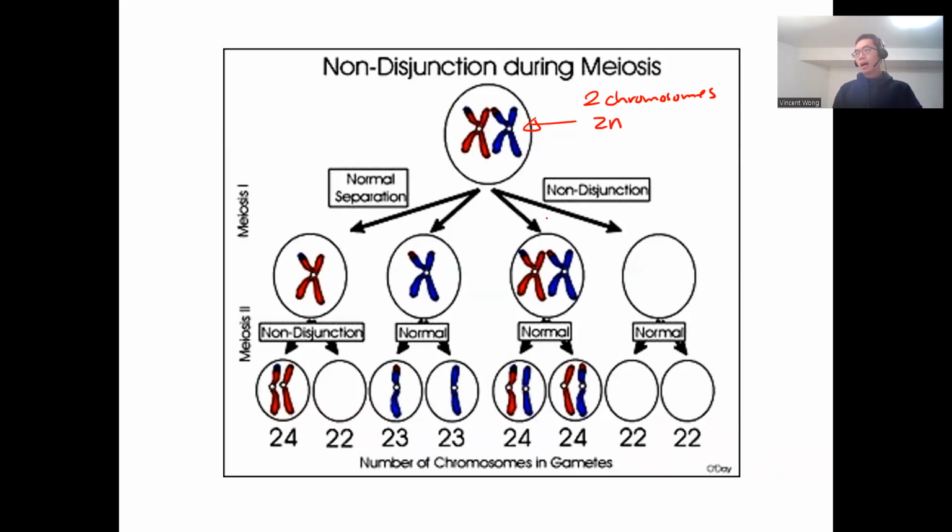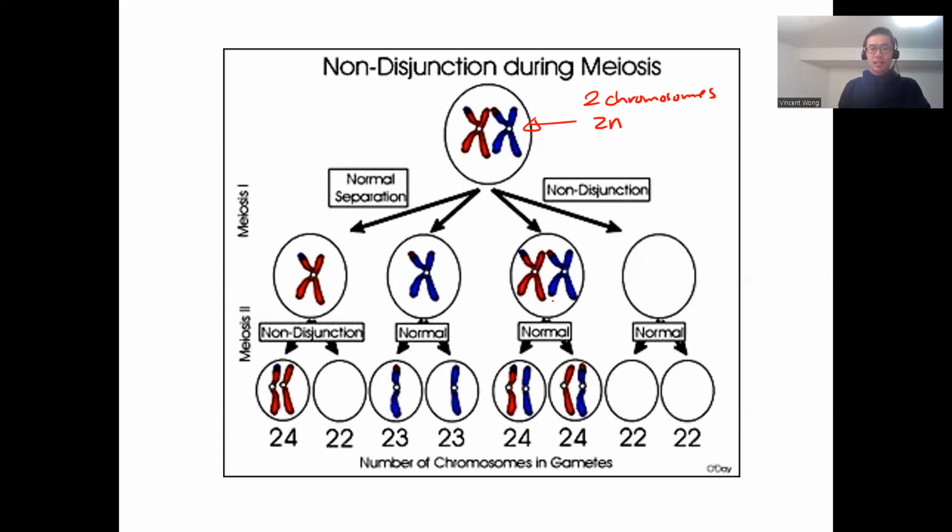If you have non-disjunction happening in meiosis 1, these two are supposed to separate from each other, with one going to each end, but if they don't separate, the entire thing ends up in one cell, and the other cell will be missing chromosomes. I know this is empty, but remember, in a real cell you have the entire 23 pairs, so you will basically be missing a pair.